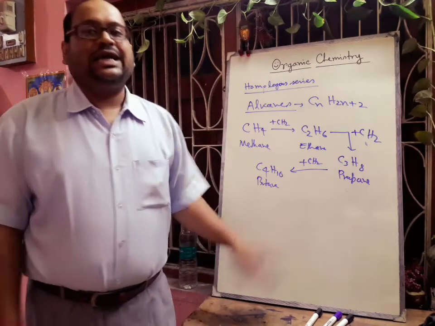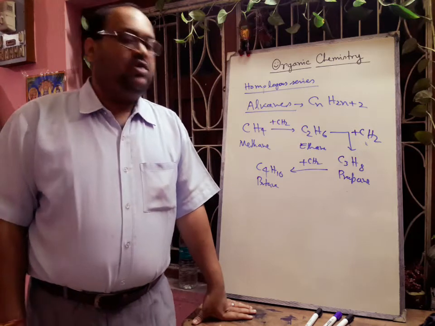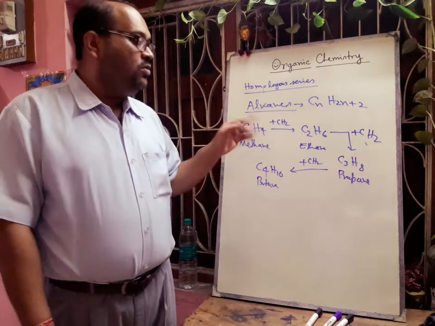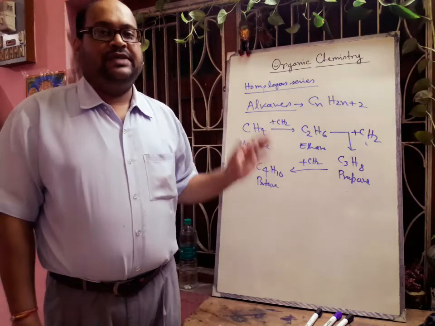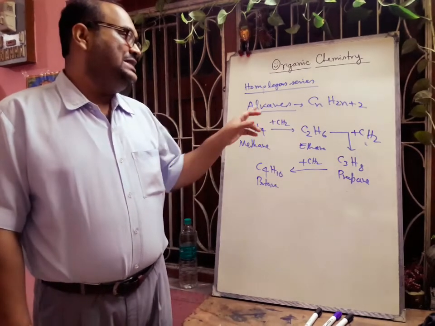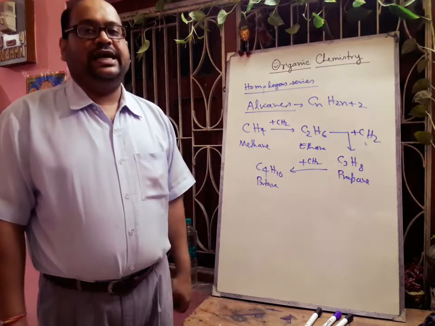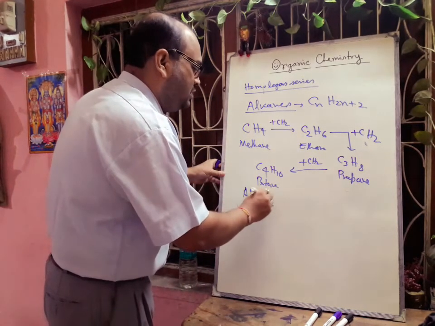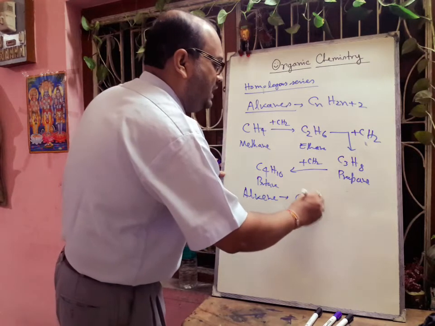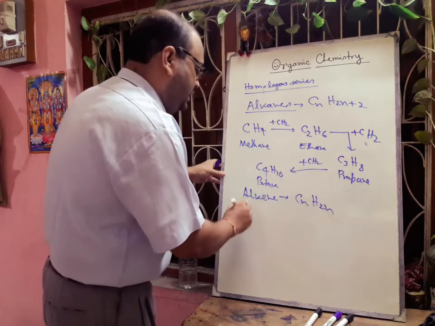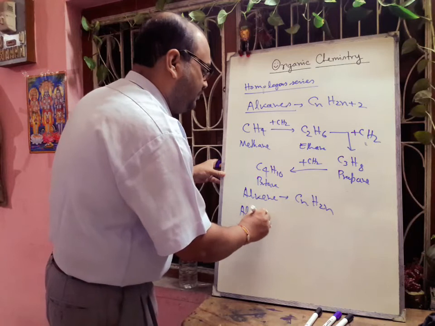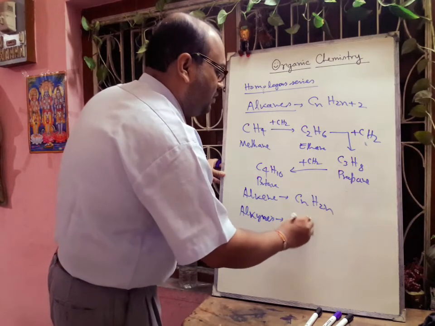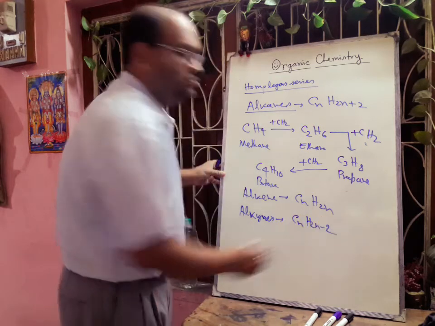Now what are the general characteristics of this homologous series? All members of this homologous series have the same general formula. That is, in case of alkane we can write CnH2n plus 2. In case of alkene, we can write the formula CnH2n, and in case of alkynes, we can write the formula CnH2n minus 2.